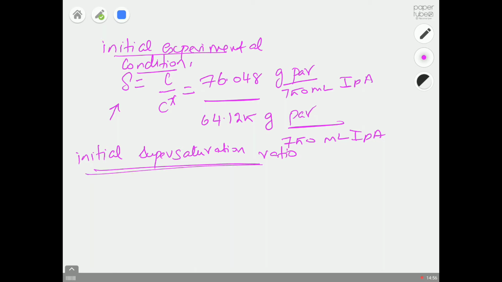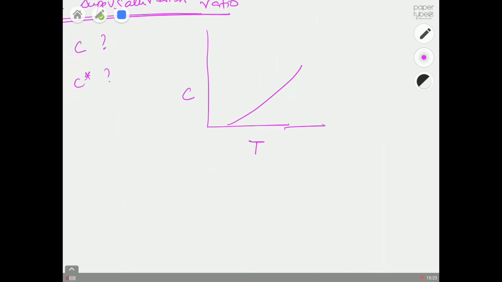Now we have the C value and C star value, both in the same units. So now we can calculate the mass that we can crystallize. You all remember this solubility plot. I plotted it many times, with temperature and your C value here.